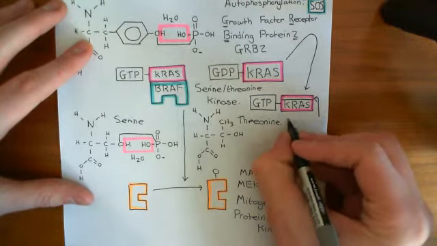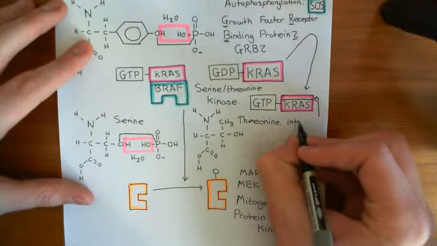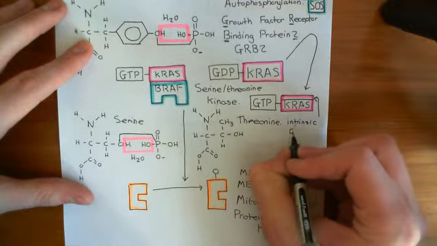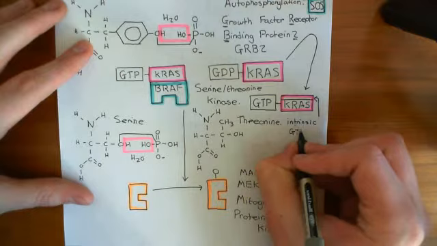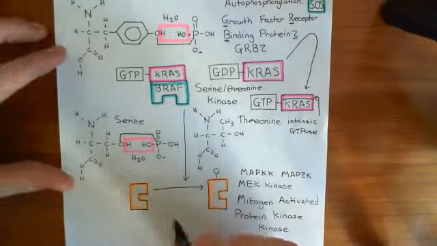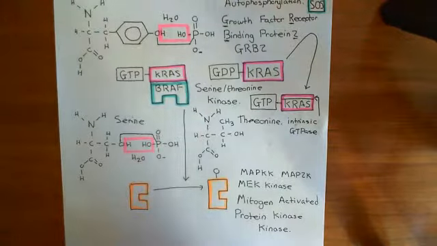That part of its structure basically has the role of chopping GTP down into GDP, chopping the terminal phosphate off of that GTP and returning it back to GDP.